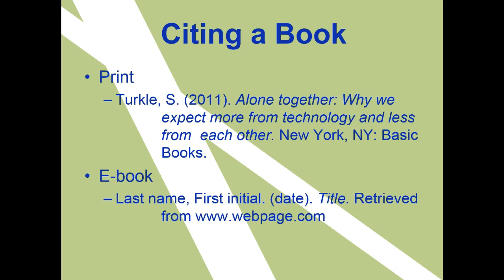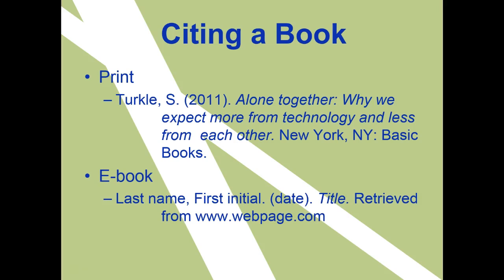Now, when we cite a book that has been printed, again, the author is the same, space, and then the year, period, space, and then we italicize for a book the name of the book, but you can see that the name of the book uses the same rules that the journal article titles use. We capitalize the first word of the title of the book, and then the first word after a colon.